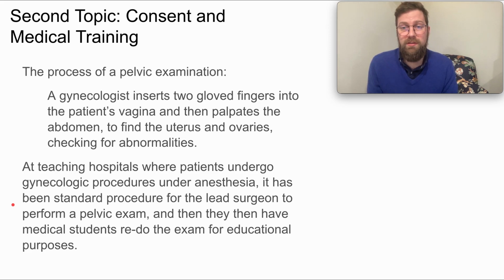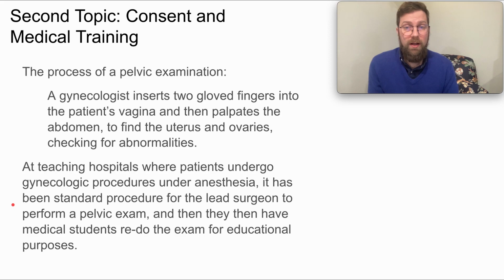When a patient goes to one of these hospitals for a gynecologic procedure under anesthesia, so perhaps this patient is about to receive a biopsy on an ovary, or perhaps the patient is going in for tubal ligation under anesthesia, it has been standard procedure at some of these teaching hospitals for the lead surgeon to perform a pelvic exam.